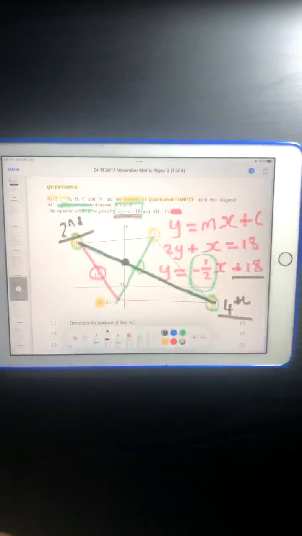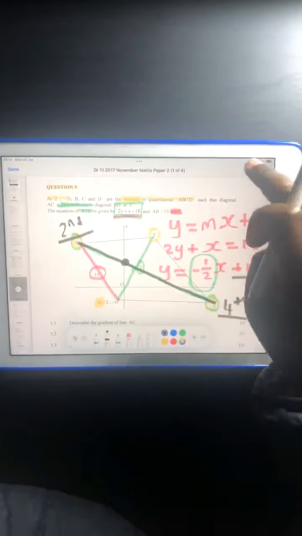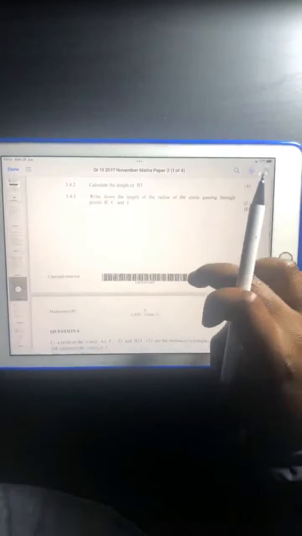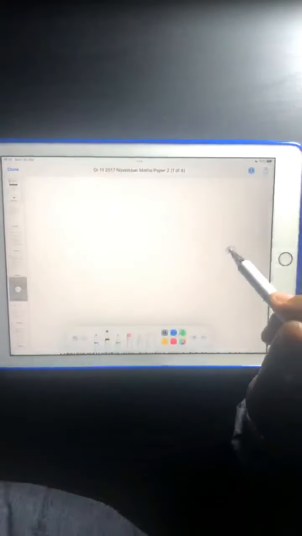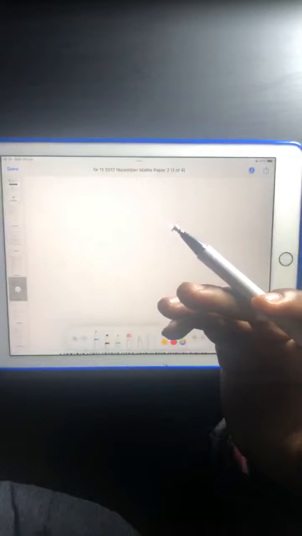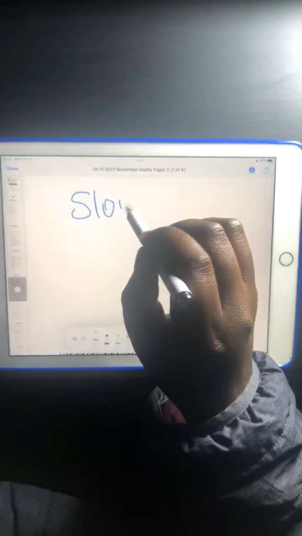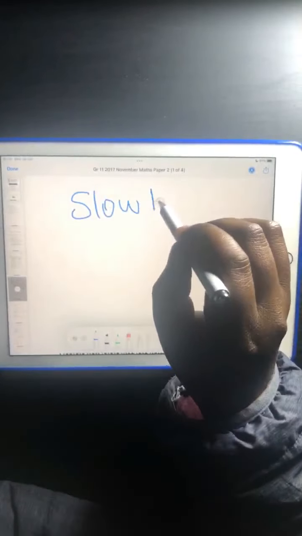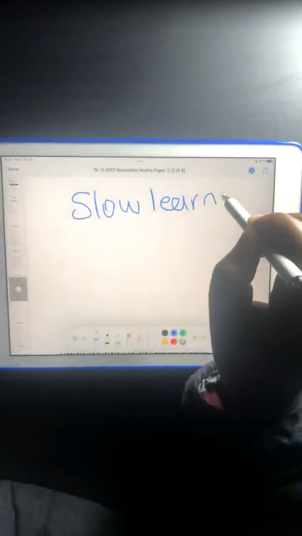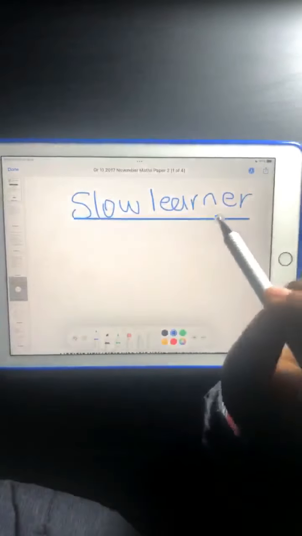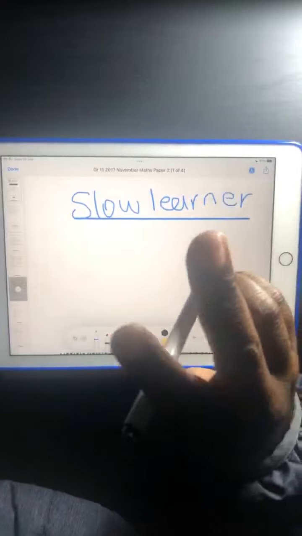Okay, I think now I need to talk about this thing, guys. This is serious. Before I go deep, let me talk about this. As time goes on, when I was in grade 10, I thought I'm a slow learner, guys. But after some time, I realized that we have two things.